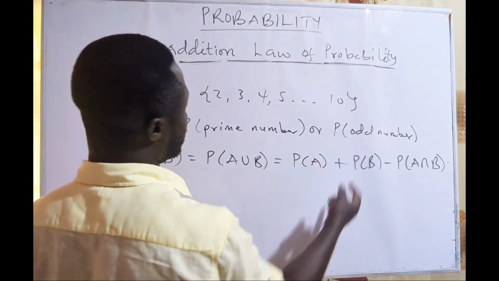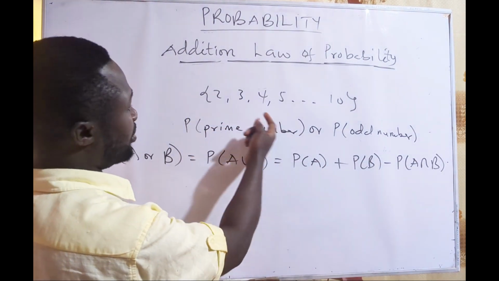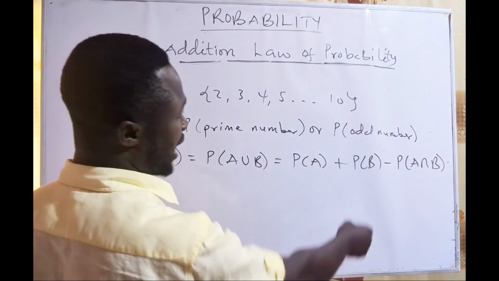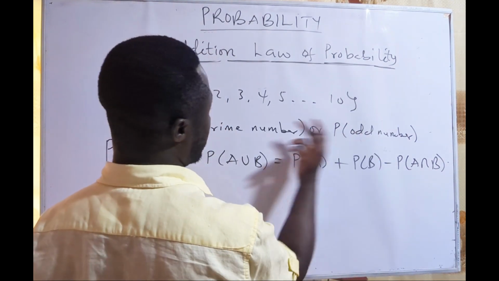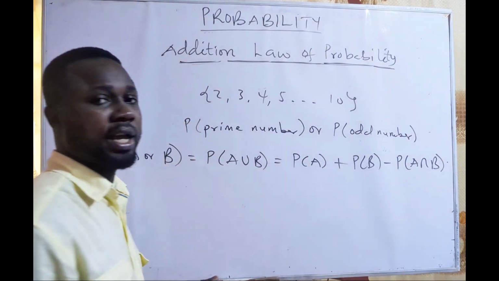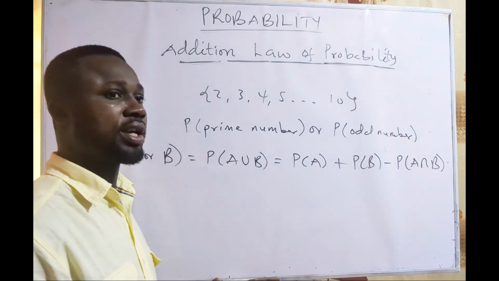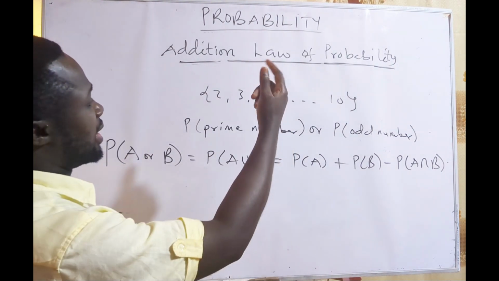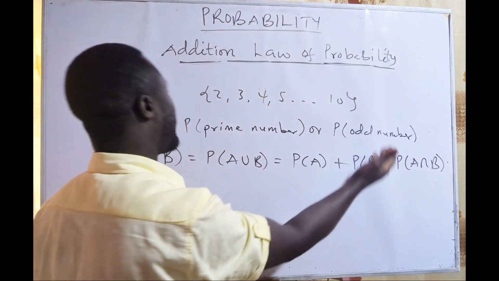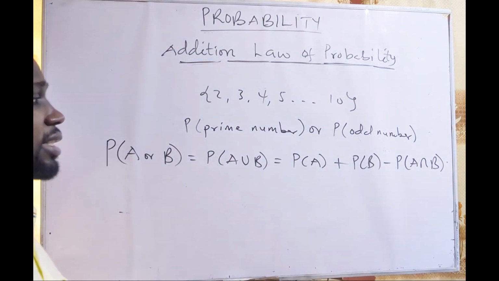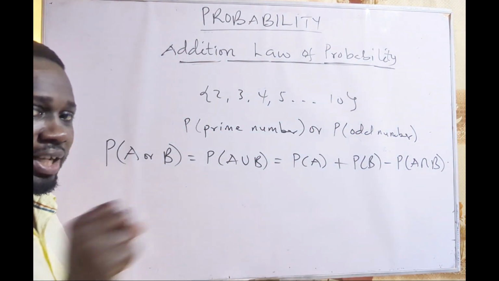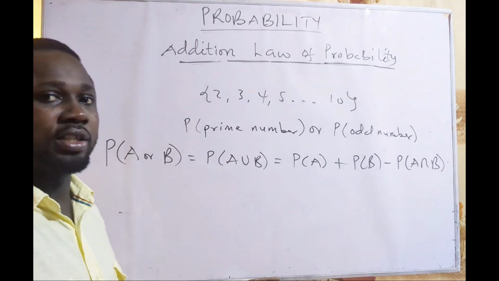For instance, in this case, I'll find the probability of a prime number occurring plus the probability of an odd number occurring, and then I'll look at the prime numbers and the odd numbers. If it happens that we have a same number which is prime and at the same time odd, then there is an intersection. So if there is an intersection, what I'll do is subtract the intersection, and then I'll get my result.